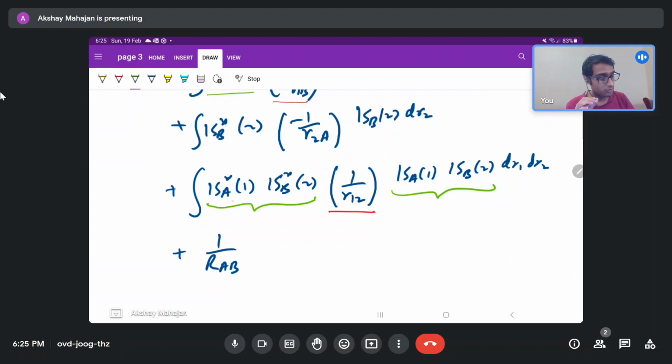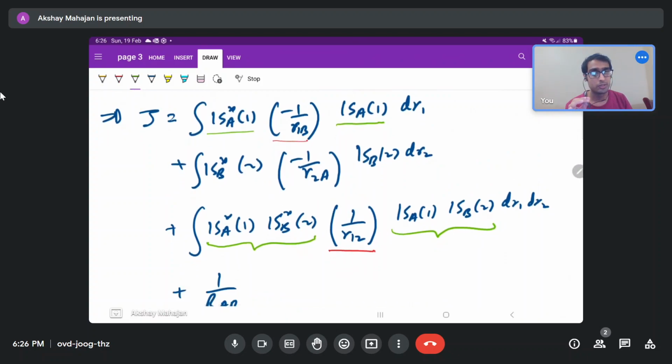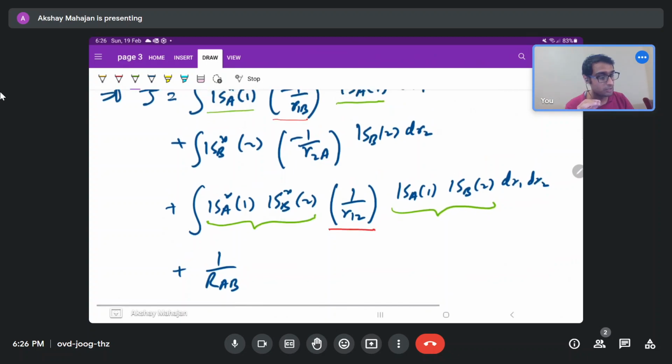Here electron 1 is in atom A and electron 1 is in atom A again. Also on both sides electron 2 is in atom B only. So there is no exchange happening in this case, and that's why this is called a Coulomb integral. In the third term also, the electron density of electron 1 is on atom A and that of electron 2 is on atom B, and they are interacting with each other. So that is also a Coulomb integral.